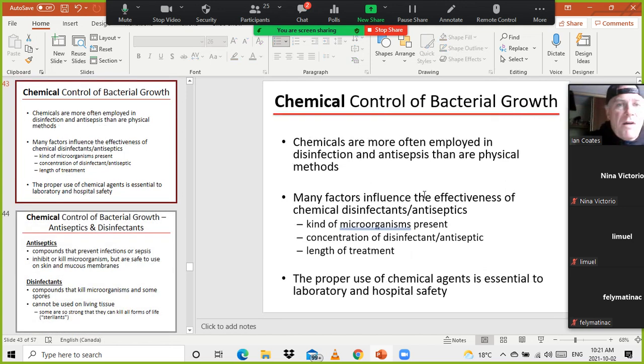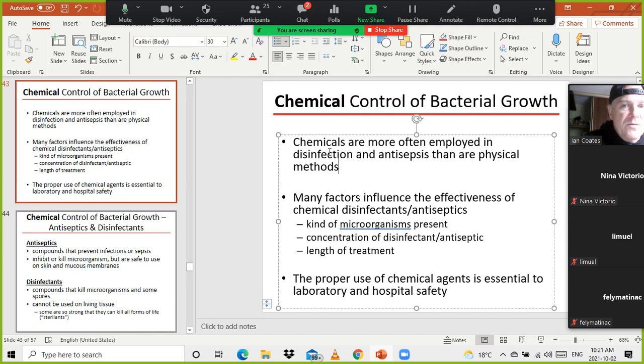Chemicals are more often employed in disinfection and antisepsis than physical methods. That's a good one to know. So remember your physical methods: fire, cold, radiation. Those are your physical methods. Generally, we use chemicals more often.